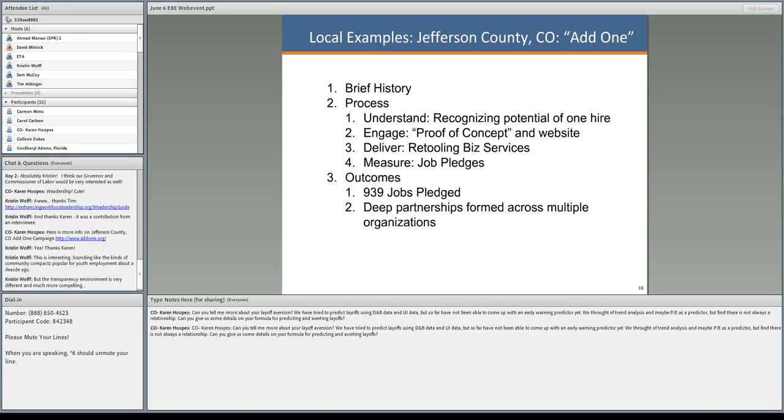So I guess the point there is, by partnering with businesses, by getting people engaged in this idea of actually adding one job, it helped drive some really needed and necessary internal restructuring.